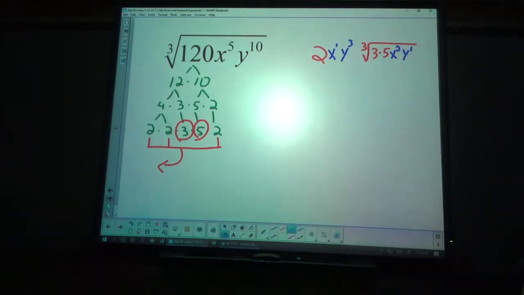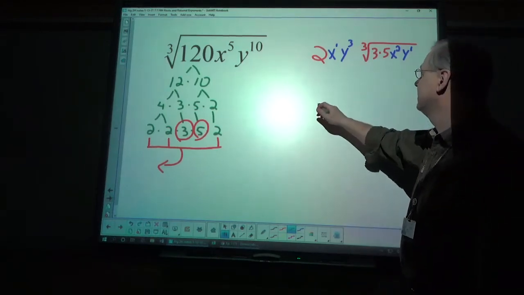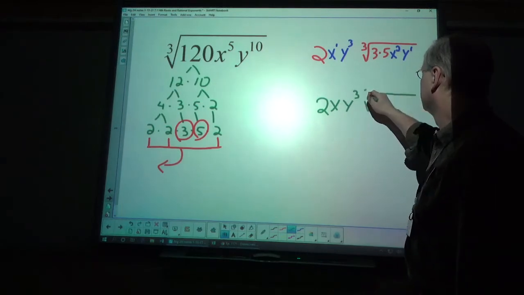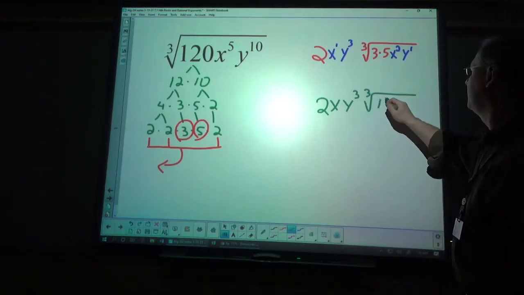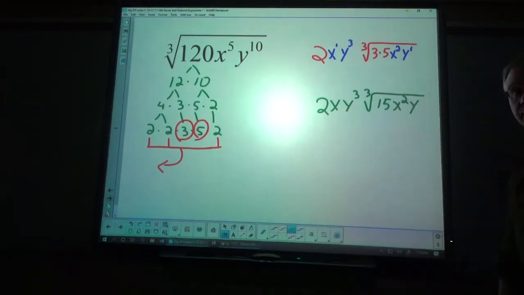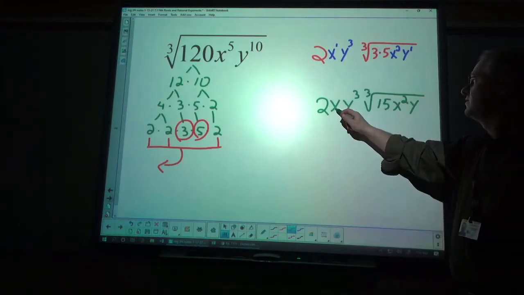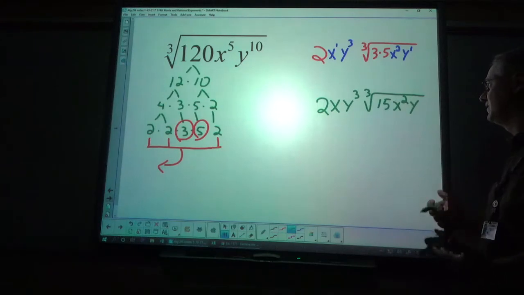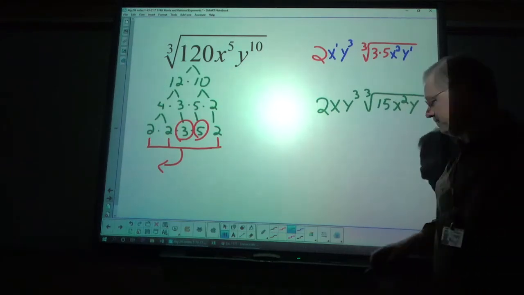So if I multiply anything that is not currently multiplied together on the outside, it's 2xy to the 3rd, cube root 15x squared y. Or you can say 2xy to the 3rd times cube root 15x squared y.